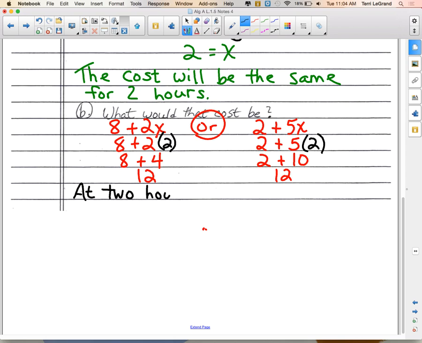At 2 hours, the cost is $12 for either one, right? And that one cost. What is that cost?